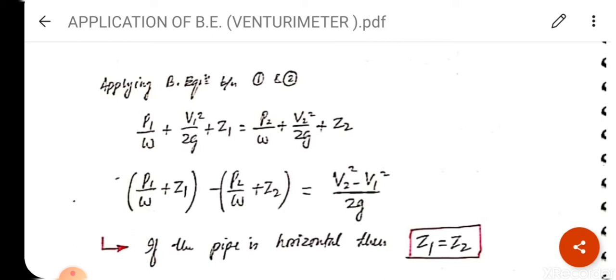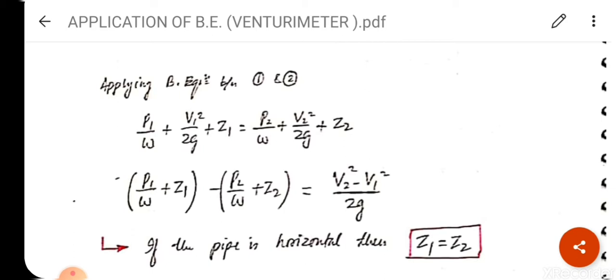Clear? So finally we will get P1 by W plus Z1 minus P2 by W plus Z2 is equal to V2 square minus V1 square upon 2G.